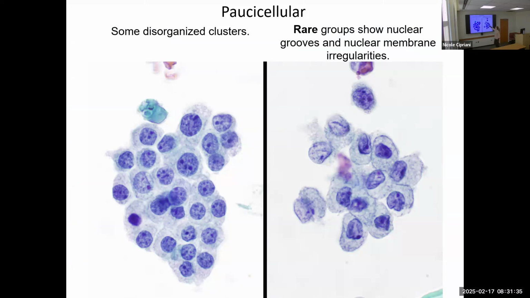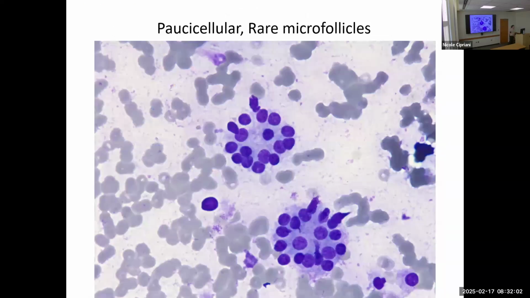So they start to have wrinkled membranes and grooves, maybe some very subtle chromatin abnormalities, but not enough of these to 100% say this is cancer, but enough to make me worry that there's a PTC in the background. So this is called AUS, atypia of undetermined significance, with nuclear atypia, meaning this could be PTC.